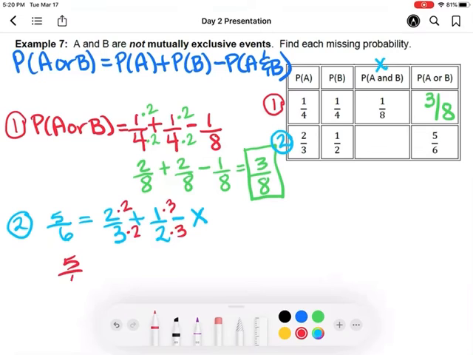So we're going to end up with 5/6 equals 4/6 plus 3/6 minus X. Take it up here.